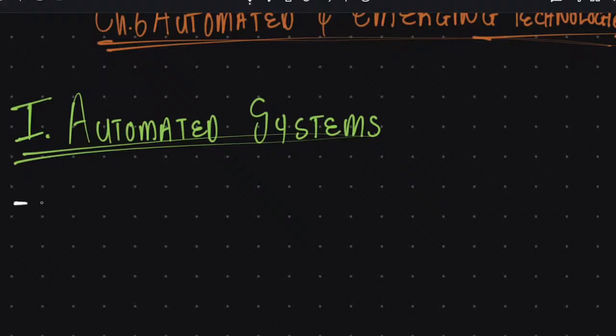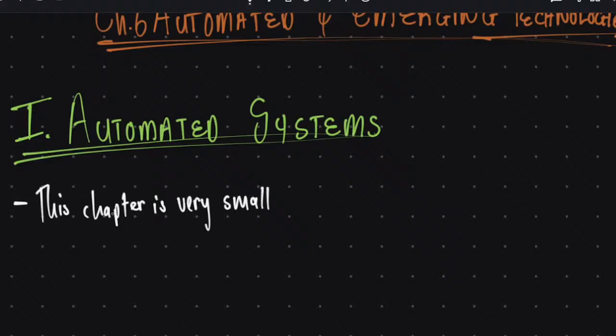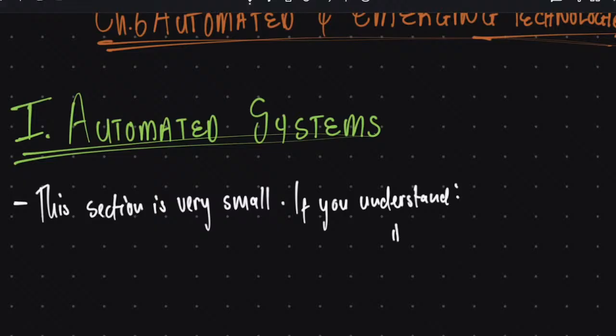So let me write this so that when you're reading, you can understand. Say this section is very small. If you understand, one, what an automated system is.